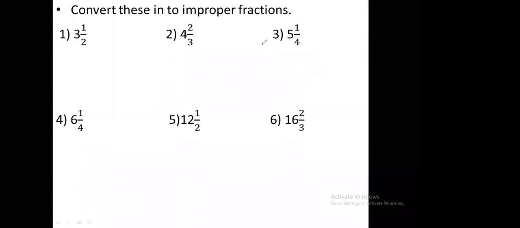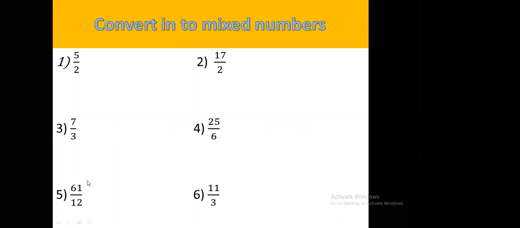Yes, teacher. Right. Now convert to mixed numbers. This is improper. Improper means I told you the numerator is greater than the denominator. So what do you have to do to convert this to a mixed fraction?